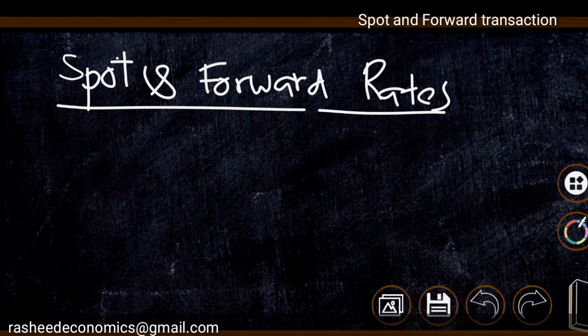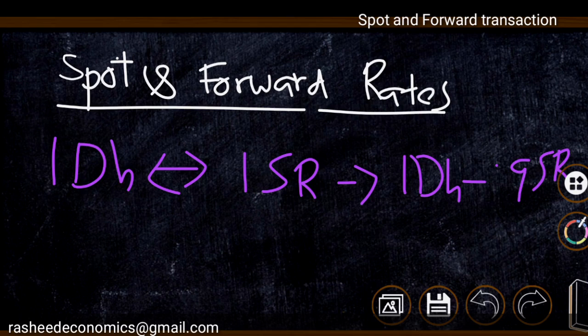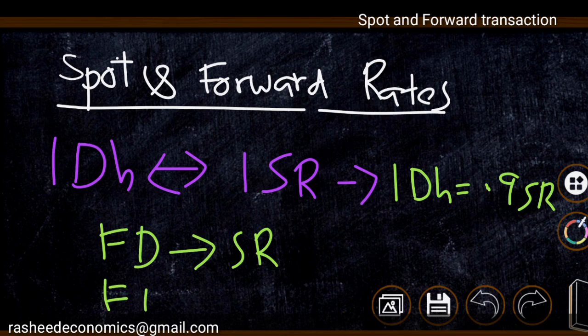In another example, suppose 1 dirham is exchanged against 1 Saudi riyal in the spot rate, and 1 dirham will have 0.9 Saudi riyal in the forward rate. Then we can say that there is a forward discount to SR, Saudi riyal, and a forward premium to dirham.